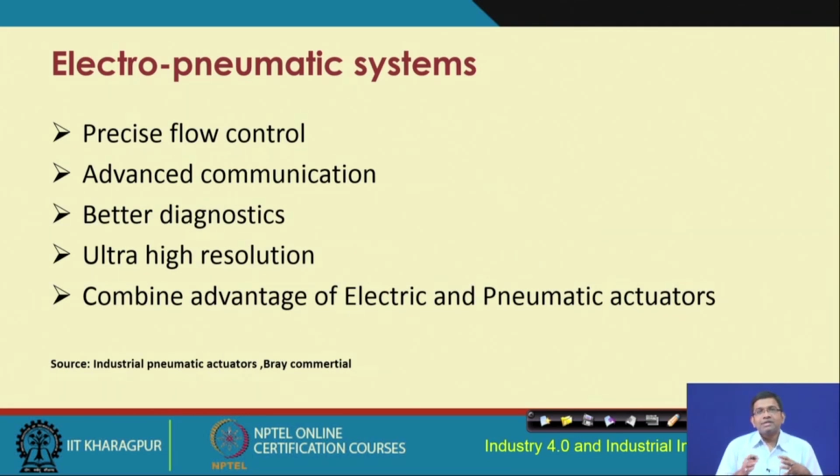So, all these actuators, as you can see, are typically hybrid ones which combine the electric, pneumatic and different other capabilities, mechanical actuators and so on. All of these capabilities combined together make these actuators much more advanced, much more powerful and much more accurate.